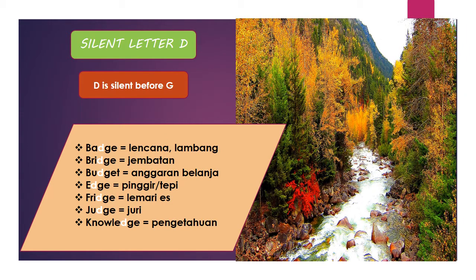And now the letter D. D is silent before the letter G. Sekarang kita ke huruf D. D tidak diucapkan sebelum huruf G. For example, badge, bridge, budget, edge, judge, knowledge.